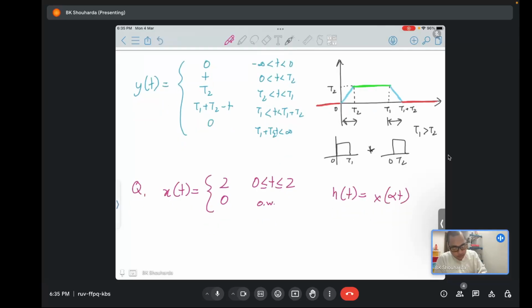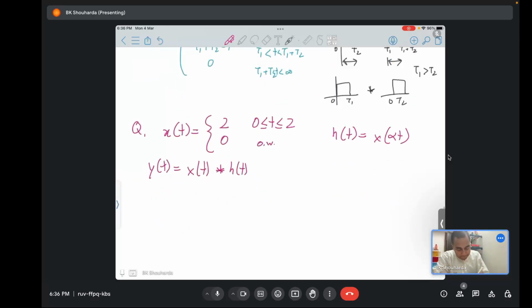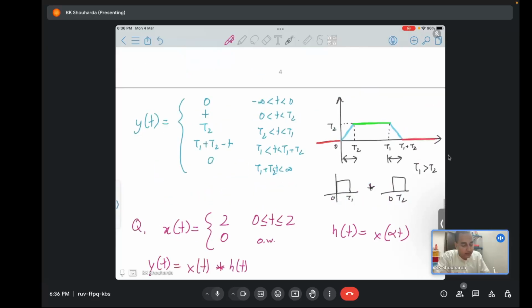So what we need to do is determine y(t), which is x(t) convolved with h(t). How do we go about it? We shall make use of the result that we have learned over here.